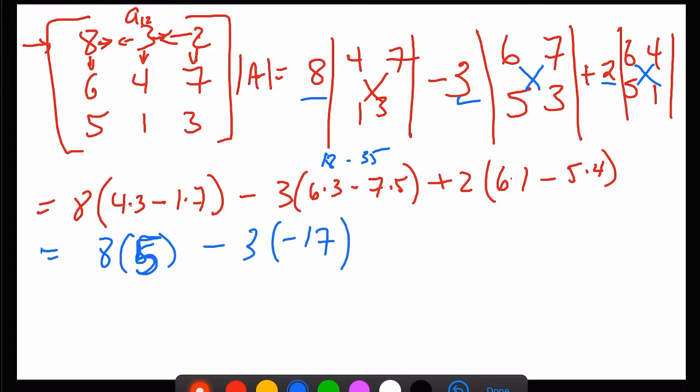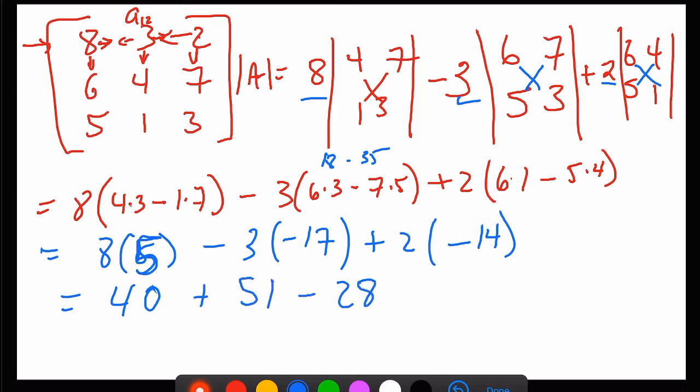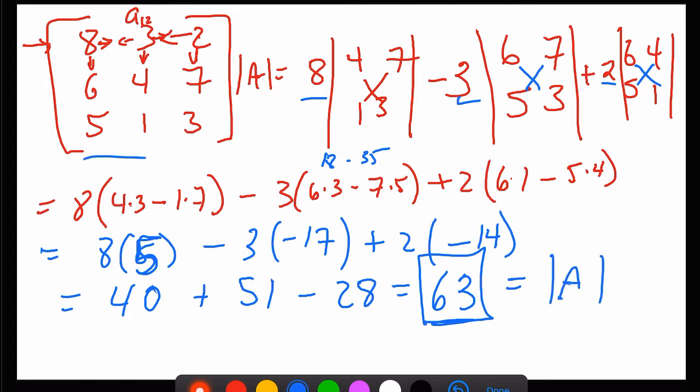And plus 2 times, that's 6 minus 20, that's minus 14. Okay, so that's 40 plus 51 minus 28 is 63. And 63 is the determinant of this matrix.